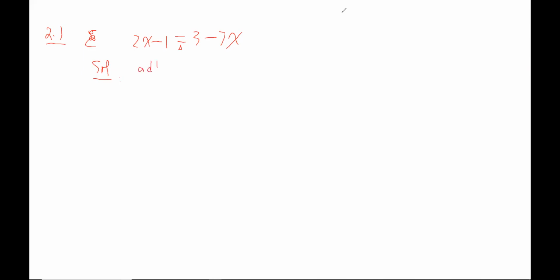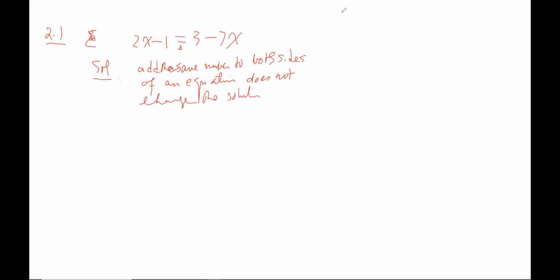So add the same number to both sides of an equation. It doesn't change the solution, right? So that's the point. Okay, we can add 7x to both sides and add 1 to both sides, right?